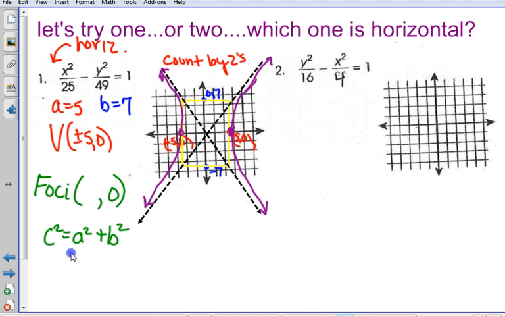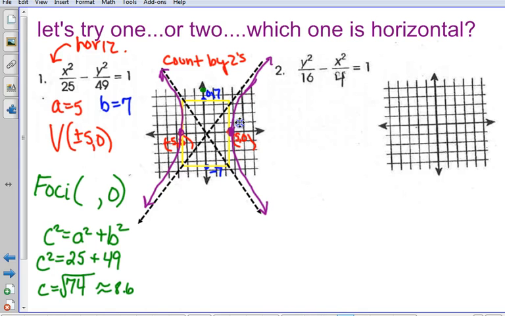A squared is actually 25, and b squared is 49. So c squared is 74, so c is the square root of 74, which is, just so we can graph it, 8.6.